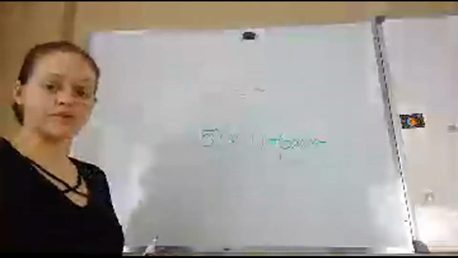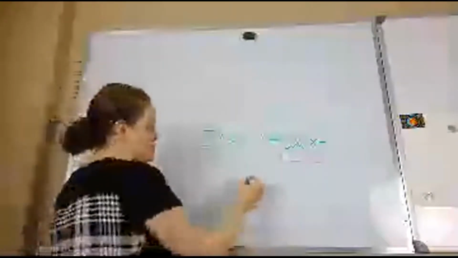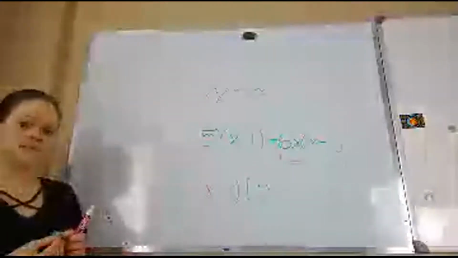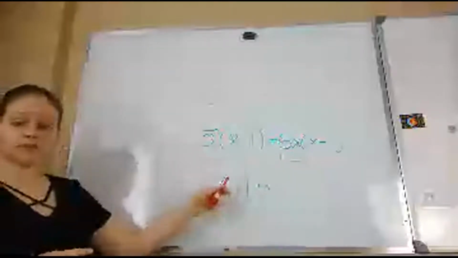All right? So then all you need to do is ask what times x minus 1 will give me 5x minus 1. So that would just be 5. Okay? So if I take this and I times it by 5, I'm going to get this term back.